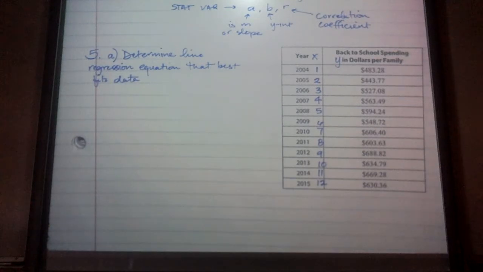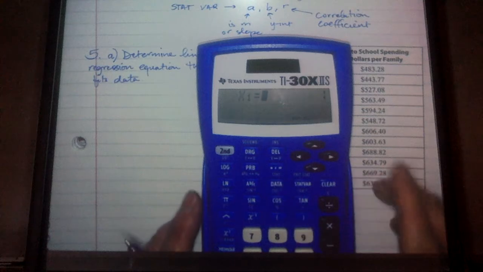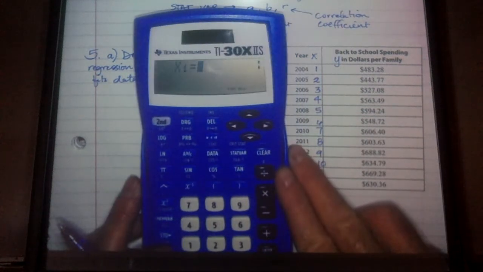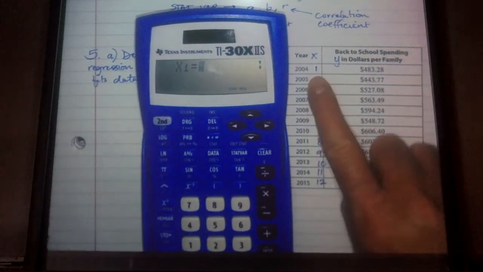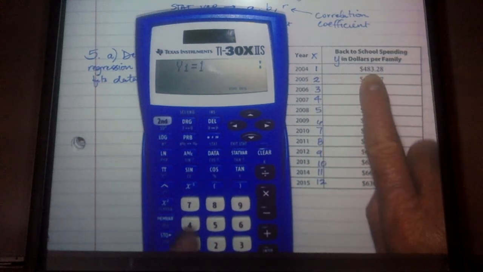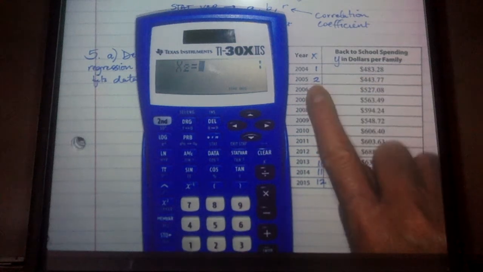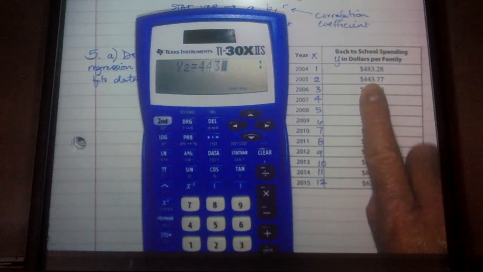So, grabbing my calculator, the first thing I'm going to do is hit the data button, and notice x1. So that means the first x, so I'm going to enter 1. And then it's going to ask me for the first y value, and I'm going to enter 483.28. And then I'm going to use the arrow button to do the next one. So 2, arrow down, the next value is 443.77.